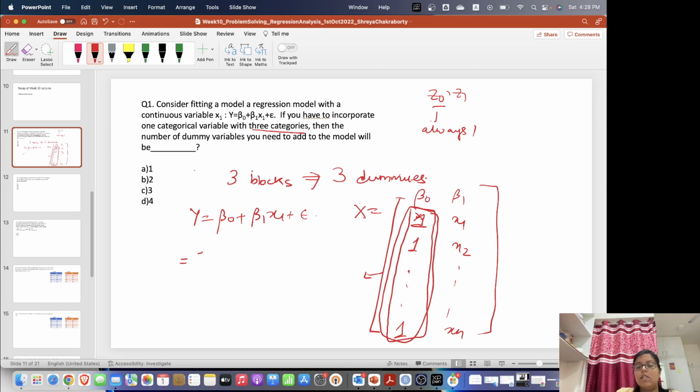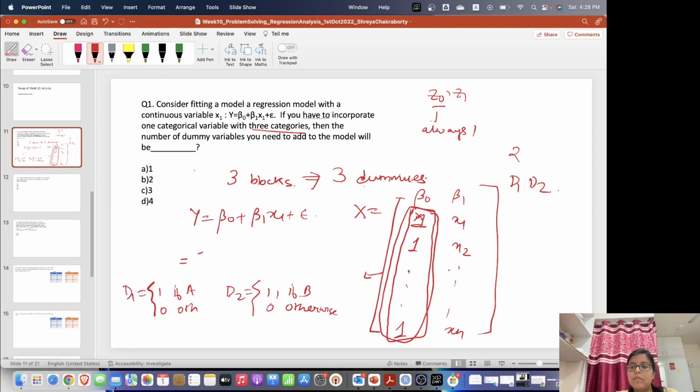Now since you have 3 blocks and you need 3 dummies, one is already accounted for because the intercept term is already present. So the number of dummy variables you need to add to the model is basically 2, d1 and d2. Let's say d1 is 1 if A, 0 otherwise, d2 is 1 if B, 0 otherwise.